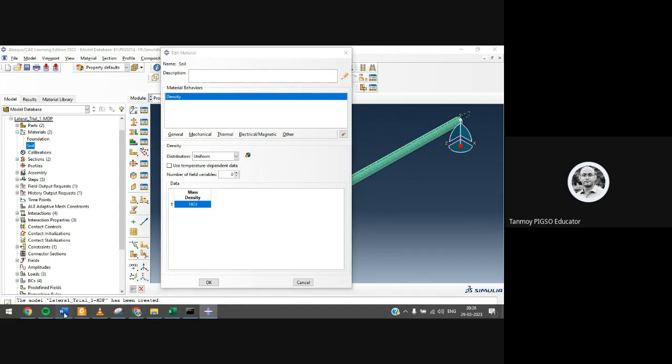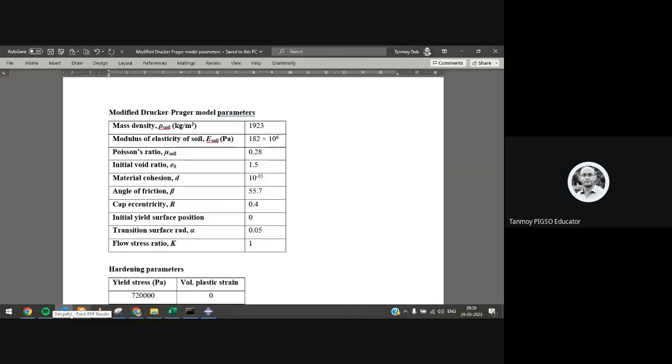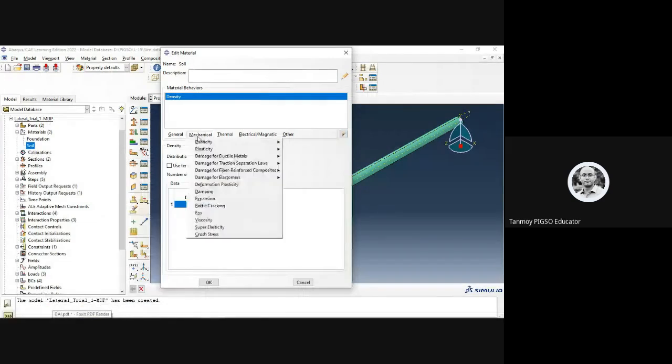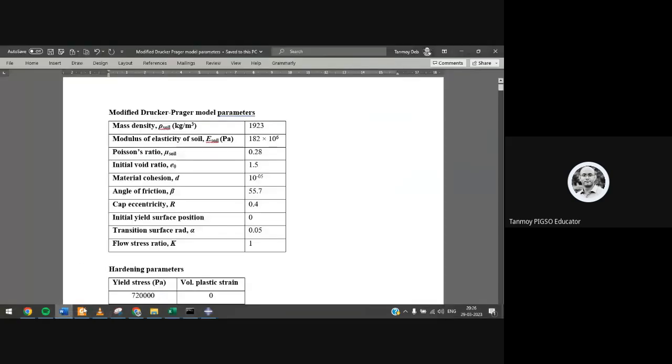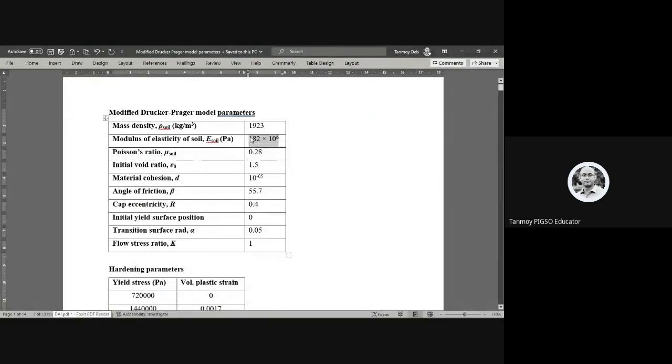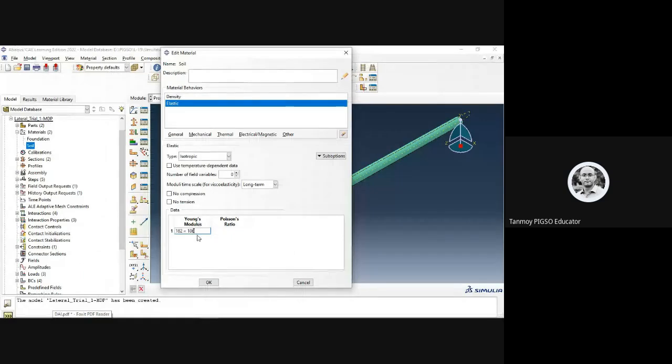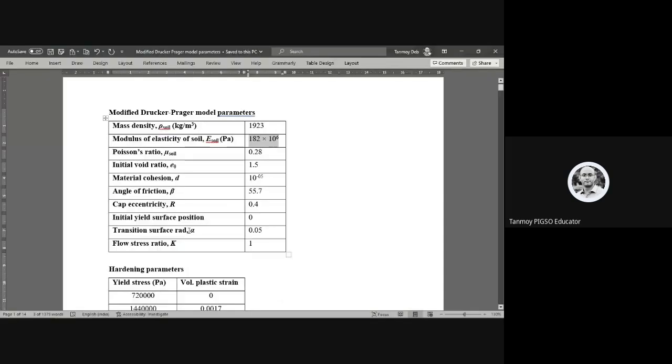Density is there, and then modulus of elasticity and Poisson's ratio. Poisson's ratio is 0.28.